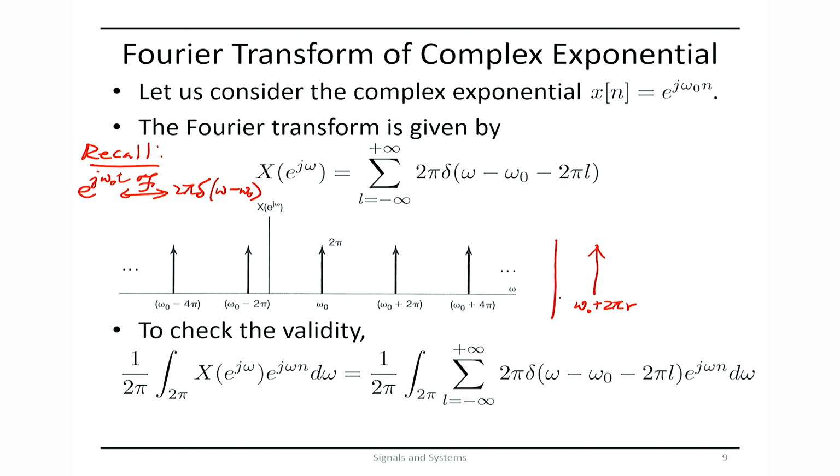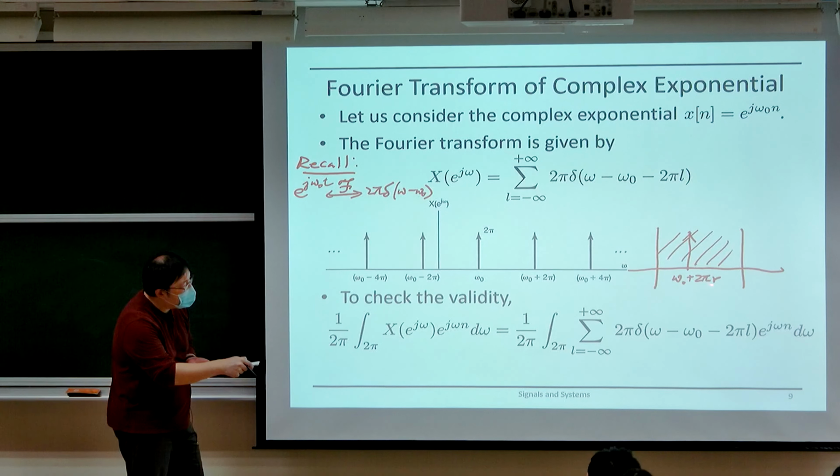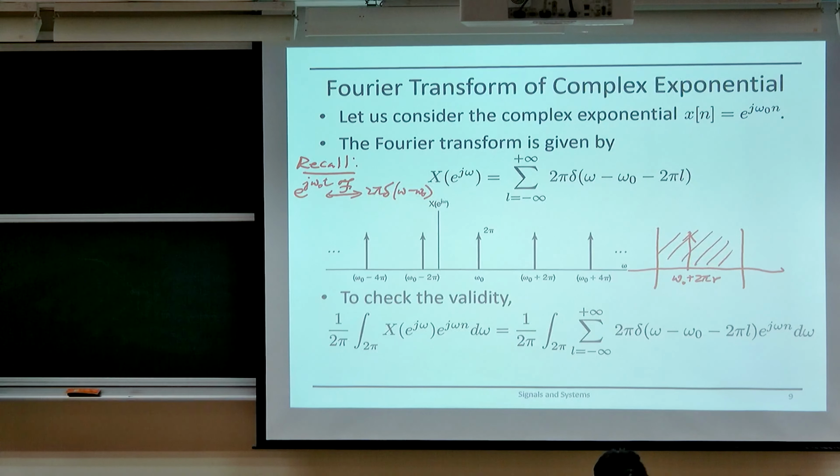So suppose that I picked a 2 pi range that covers the rth delta function. Then when you take the integral, you will only have a delta function at omega naught plus 2 pi r. So this will be equal to e to the j omega naught plus 2 pi r times n, for some r.